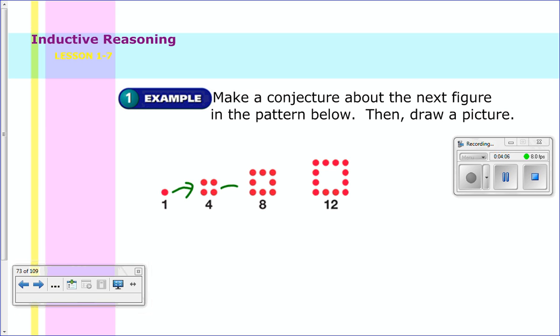Now, how do they change? What's happening each time? All right, so if I were to look at this, I notice there's 1 dot. And here on the second one, well, there's 2 dots on the bottom, 2 on the side, and so on. So there's 2 on each side here. On this one, there's 3 on each side. And on this one, there's 4 on each side.